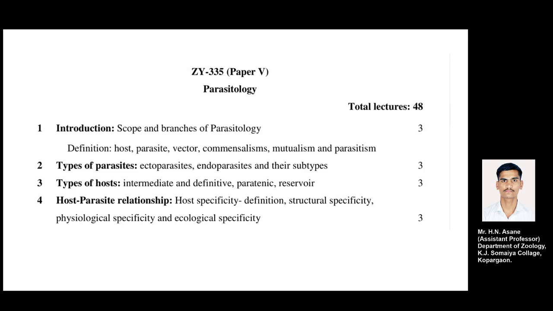That's why certain specific hosts or groups of hosts show a relationship with their parasites, and that is host specificity. And we are going to see the effect of parasite on the host. What are the effects of the parasite on the host?